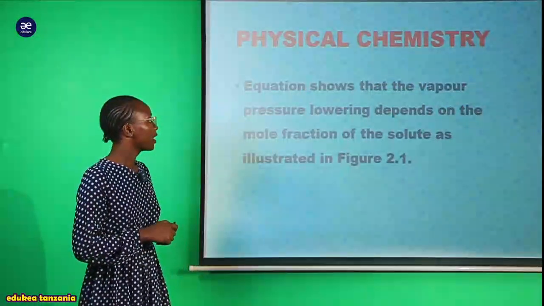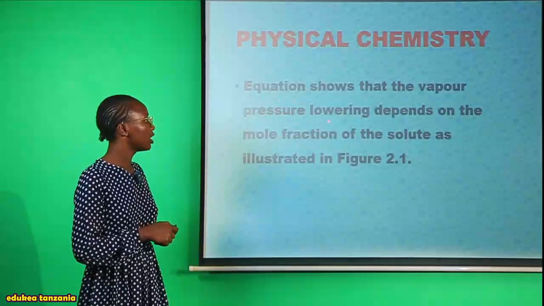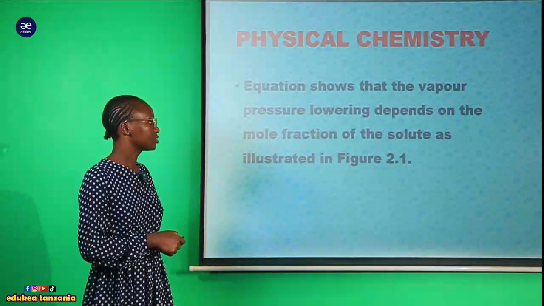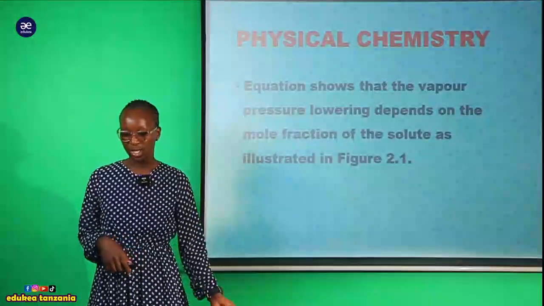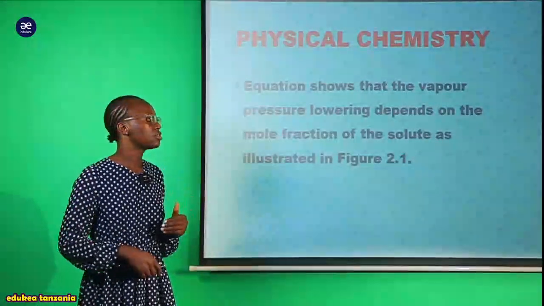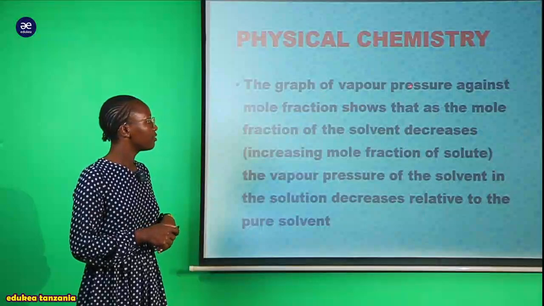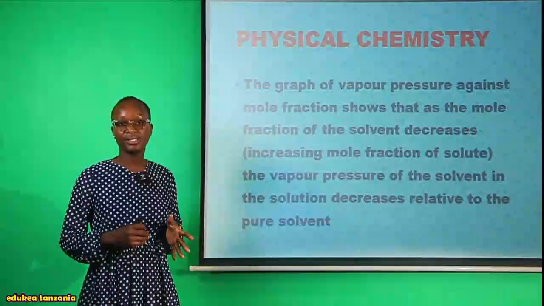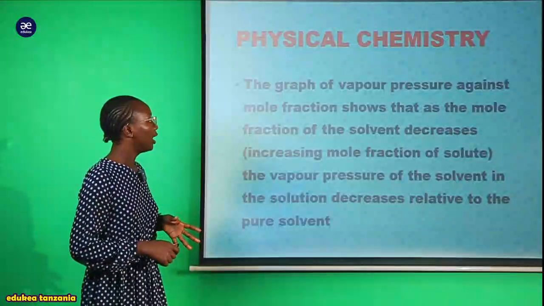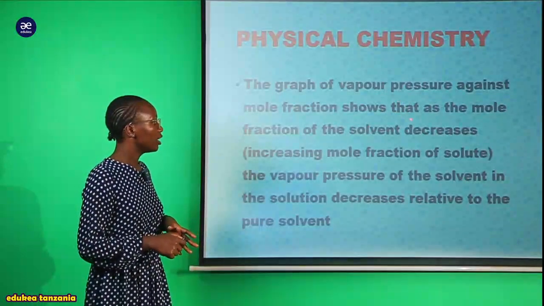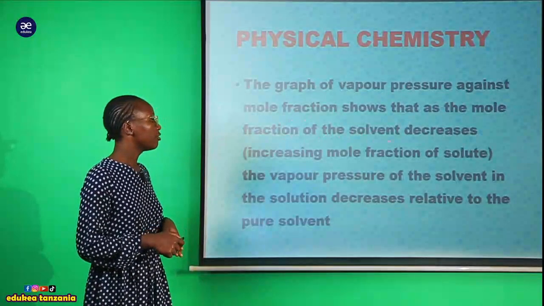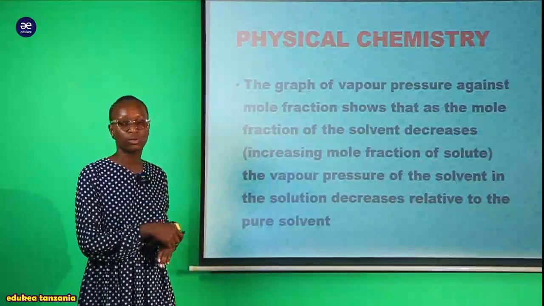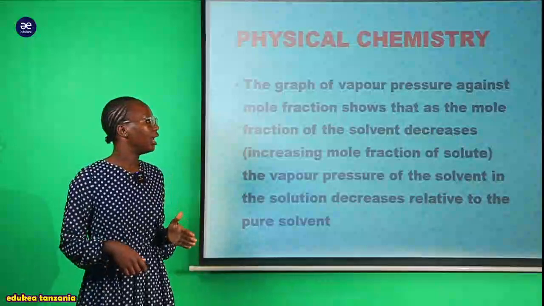So you can say that the equation shows that the vapor pressure lowering depends on the mole fraction of the solute as illustrated in figure 2.1, ambapo tutaenda kuona graphical illustration. So the graph of the vapor pressure against the mole fraction. Therefore it shows that the mole fraction of the solvent decreases with increasing mole fraction of the solute, mean that ni vitu vinaenda inversely.